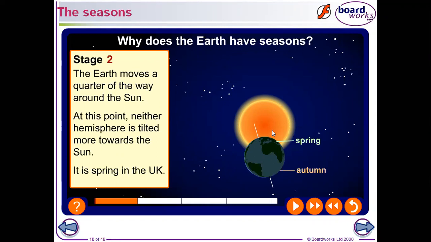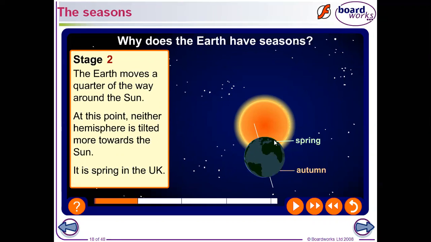They are facing the sun in the same ratio, if I may put it that way, or they're getting the sunlight in the same manner.